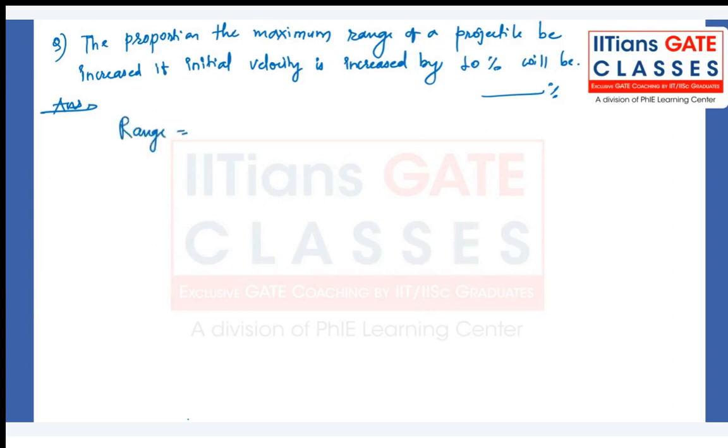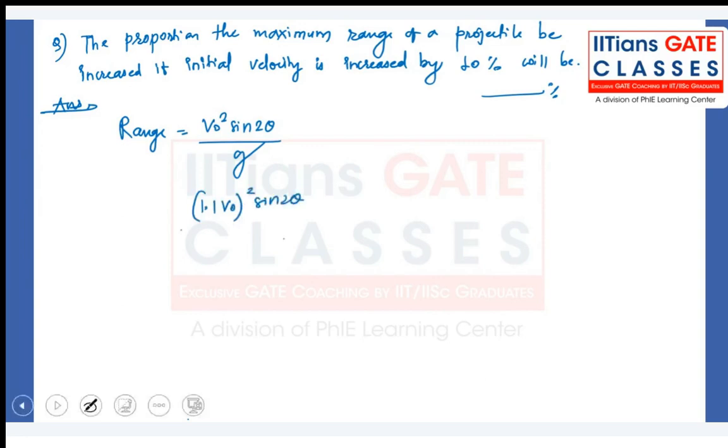Range is V naught square sine of 2 theta by g, right? What I'm saying is the initial velocity is increased by 10%, means initial velocity is 1.1 V naught, so range is 1.1 V naught square sine of 2 theta by g. And if you solve it, what you will get is 1.21 V naught square sine of 2 theta by g.